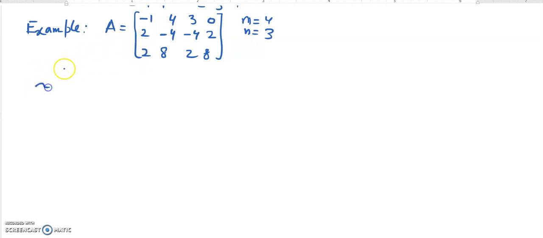So apply the row operations. Minus 1, 4, 3, 0, and then we multiply the first row by 2, so it will be 0, 4, and then 2, and then 2, and then 0.